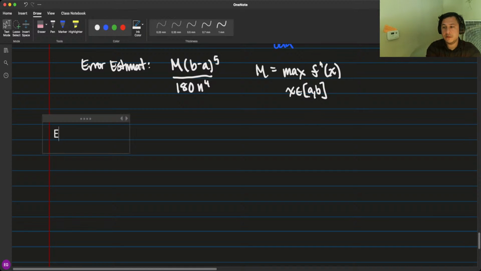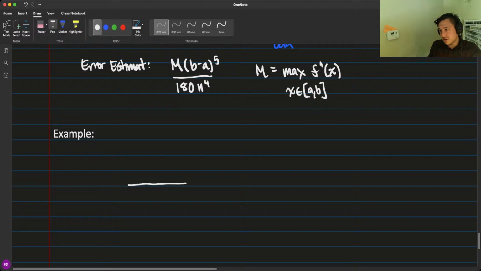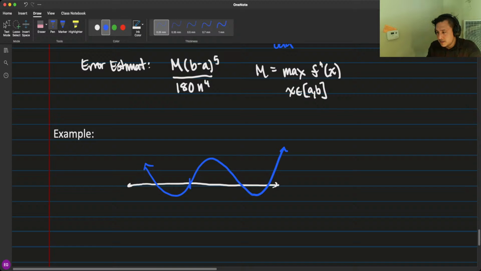So example, I know, let's make this one interesting. Let's draw it first. Let's say your function is going to look like this. Let's say this right here is 0, -2, and 4.